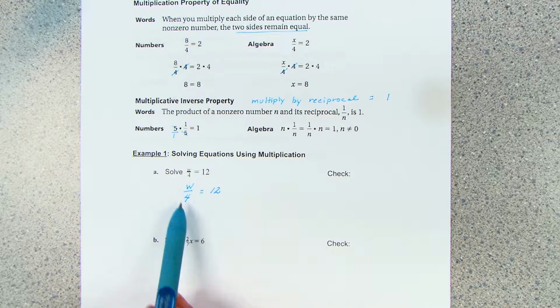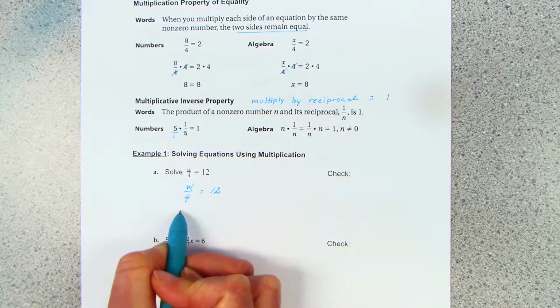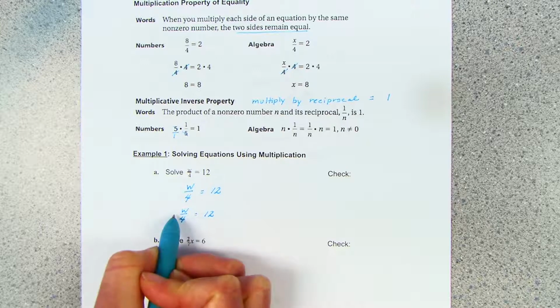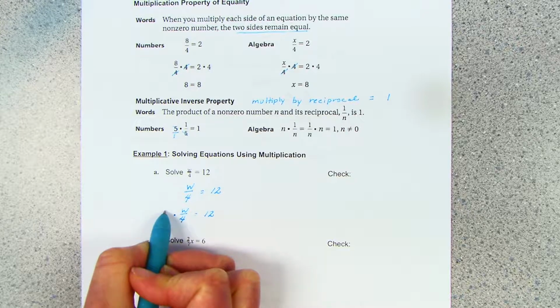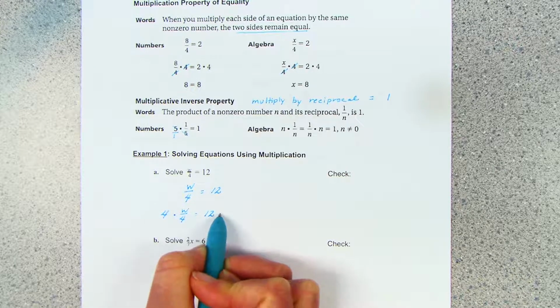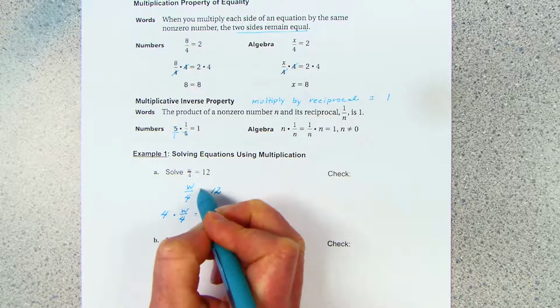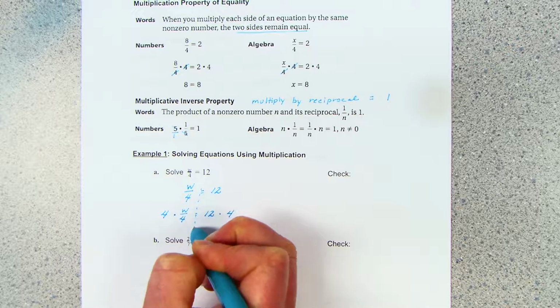So I'm going to multiply both sides by that reciprocal so that I can make the 4s cancel out. So I'm going to bring that down. And on this side, I'm going to multiply by 4. And on the right-hand side, I'm going to divide by 4. Do you remember the dot, dot, dots? I'm going to put the dot down through the middle.